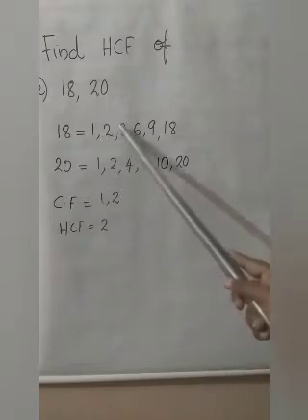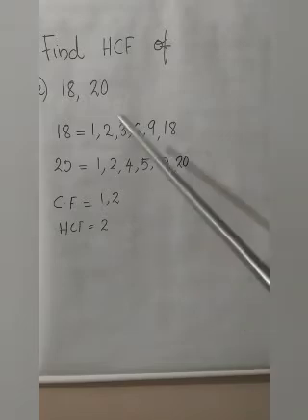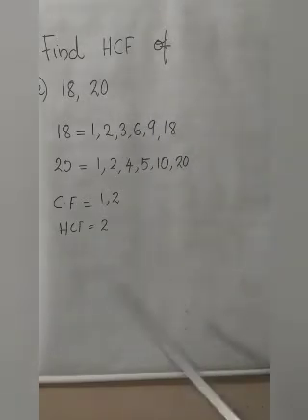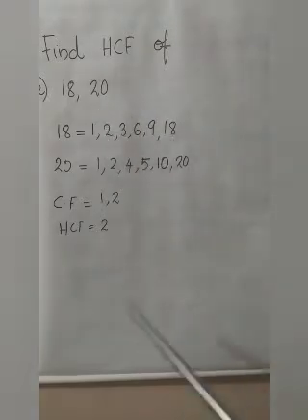When you are comparing, you will have only 1 as common factor. So will you get the answer HCF 2? No. So the most appropriate method to find HCF is the prime factorization method. There we will not miss out any factors.